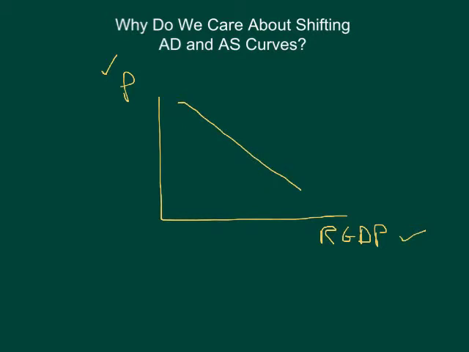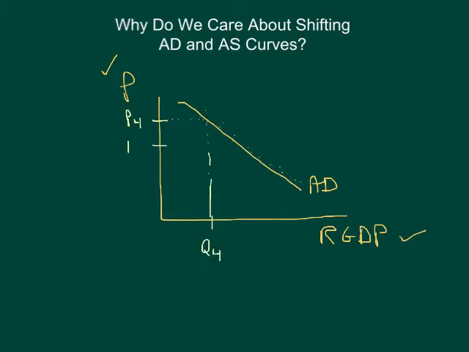So when we draw the AD curve, every point along this curve, and I'm drawing points here, every point along this curve represents a different relationship. So at a price level of, we'll call that P4, we would have an output level, we'll call it Q, of Q4.